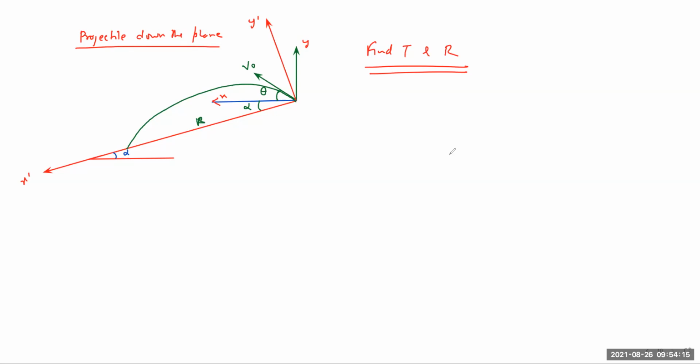My y naught is zero, my y dash naught is zero. But after some time, when you land back on the plane, is y zero again? No, sir. So y will not be 0, it is below the x-axis. So what about y dash? So y dash will be 0 for landing and ascending.